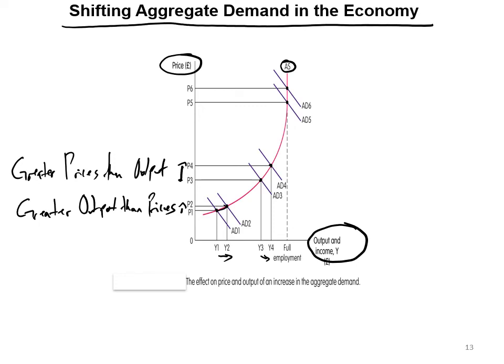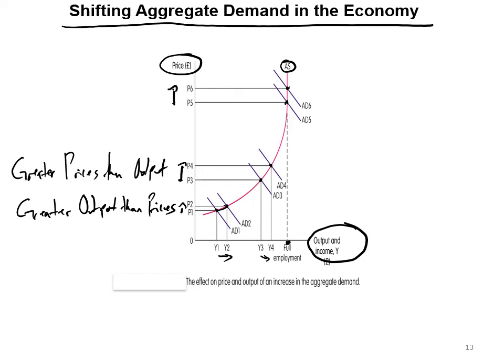However, let's see what happens if, on the other hand, we shift our aggregate demand when our aggregate supply curve is totally price inelastic. Okay? So see what happens here between P5 and P6. So we're adjusting aggregate demand from AD5 to AD6. We increase aggregate demand here, but what happens to output?